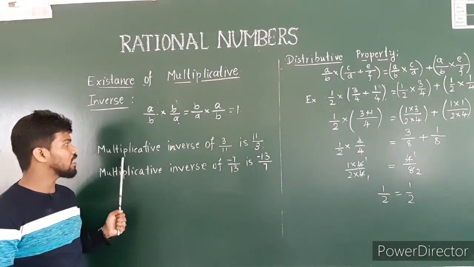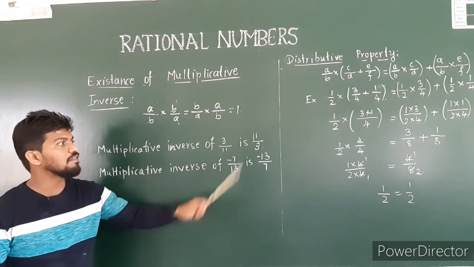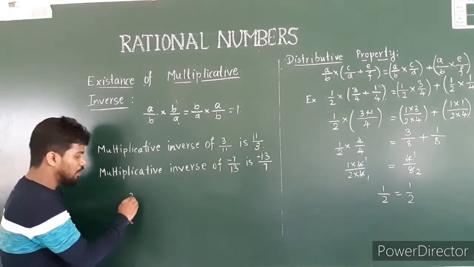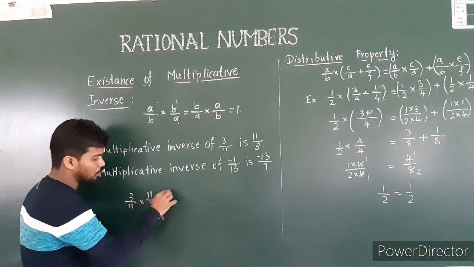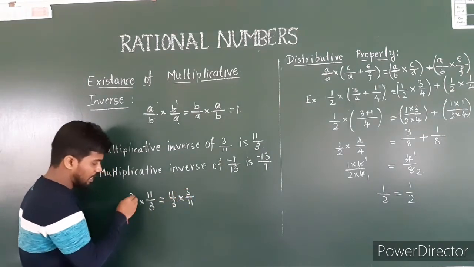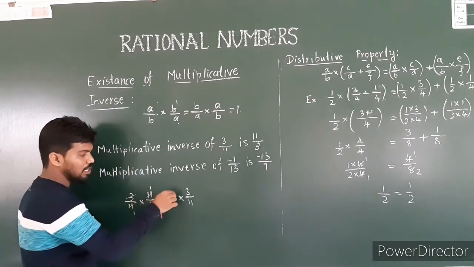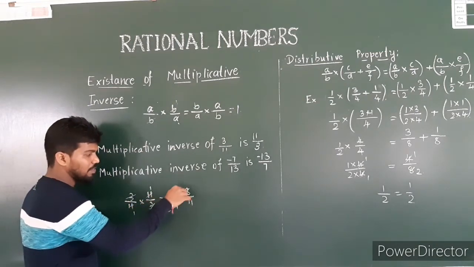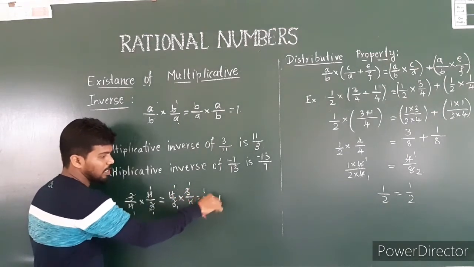Now the first question: the multiplicative inverse of 3/11 is 11/3, since 3/11 into 11/3 is equal to 11/3 into 3/11. You see that 3 ones are 3, 11 ones are 11, so 11/11 is 1.